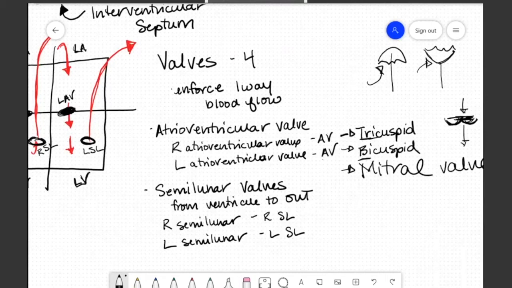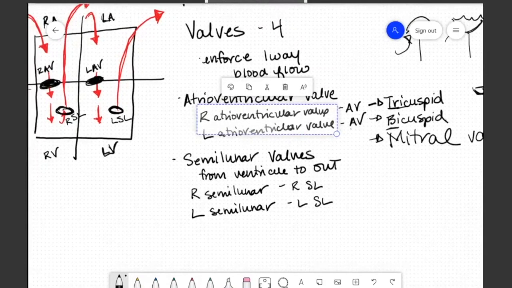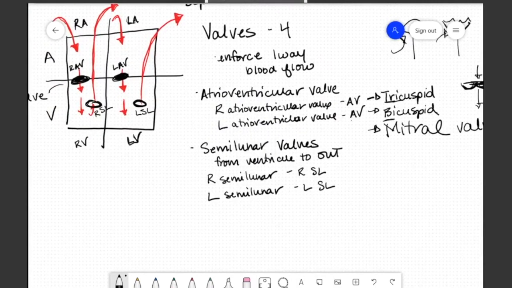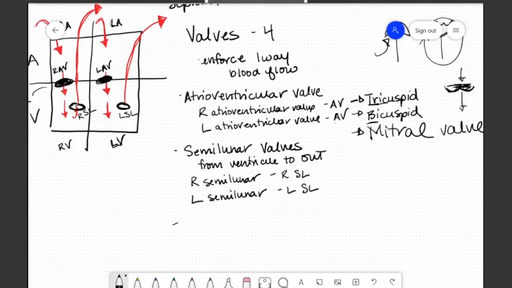Okay, so one other thing about these valves is they are the doorways in between your atrium and your ventricle. They're super important. We need them, but also they're floating in the middle of the heart. So how do they actually stay as this upside down umbrella right here? The way these guys are going to stay like that is they have something called chordae tendineae attached to them.